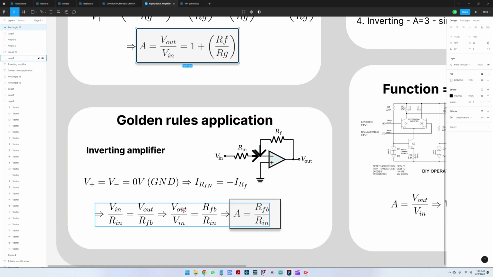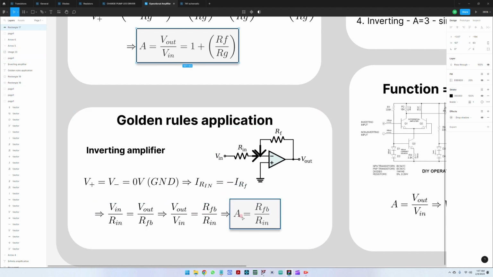So the current going through here is voltage equals resistance times current, so current equals voltage divided by resistance. So the input voltage divided by the Rin is equal to the output voltage divided by Rf, or R feedback.